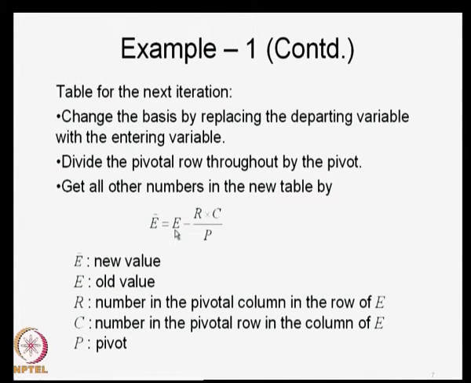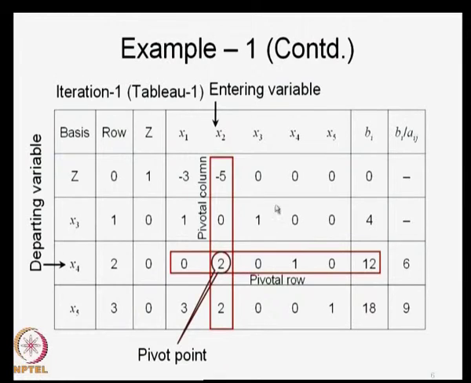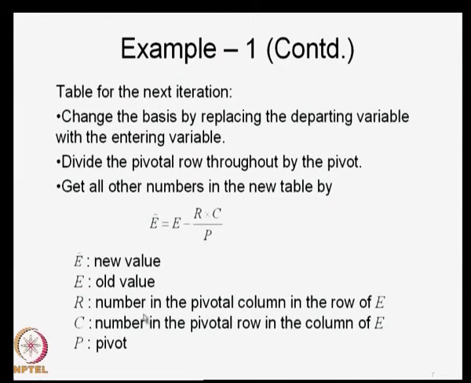Say you want to transform a number; that becomes the old number E, and you have the element in the pivotal column of that particular row, which we denote as R.